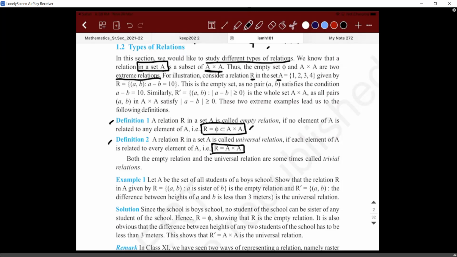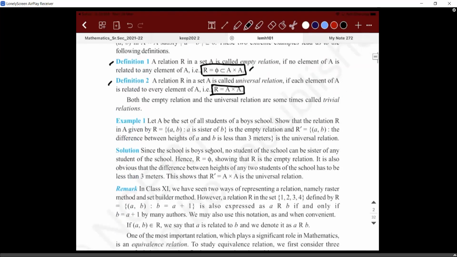So is this a universal relation? Yes. You take the difference between any two boys, it will definitely be less than 3 meters. So this is a universal relation. Are you guys able to think about that? Hope I'm not fast, right?